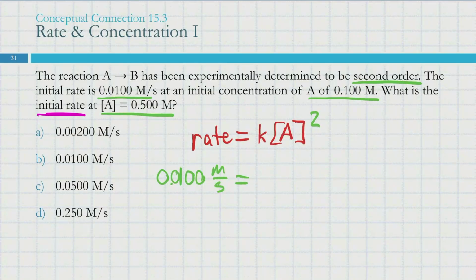So 0.0100 molar per second equals K times 0.100 molar squared. We'll get the K by itself.